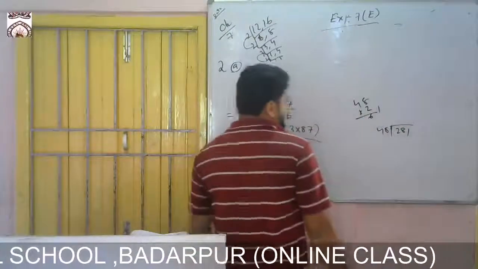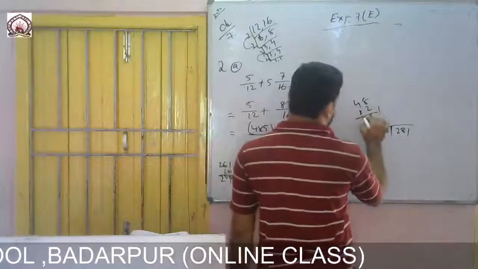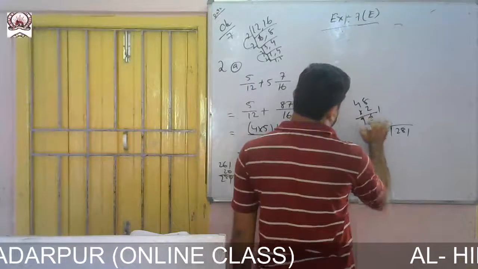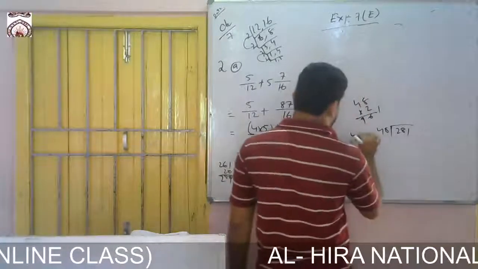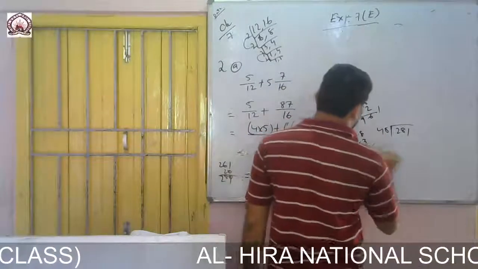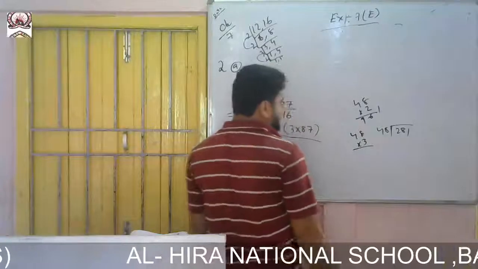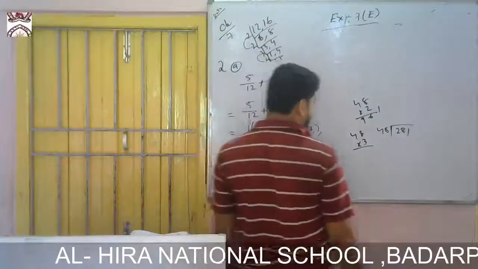Here remain 4 2s are 8 and 1, 9, 96. So 48 3s are how much?